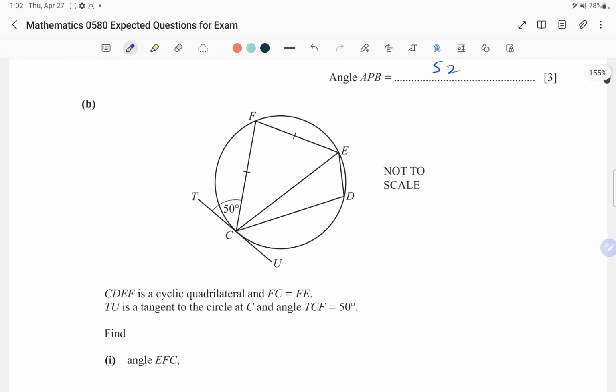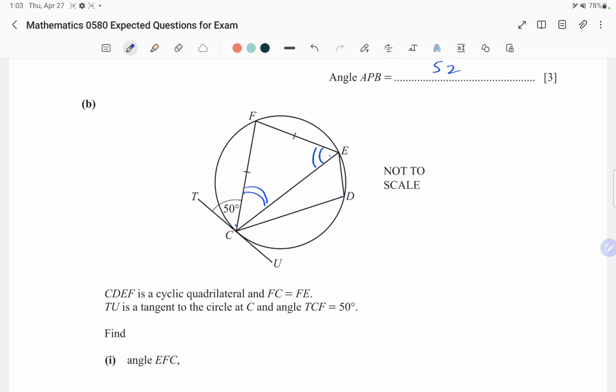Now B part that says CDEF is a cyclic quadrilateral where FC equals FE. Okay, FC equals FE, it means this angle must be equal to this angle. Now come to the next information.